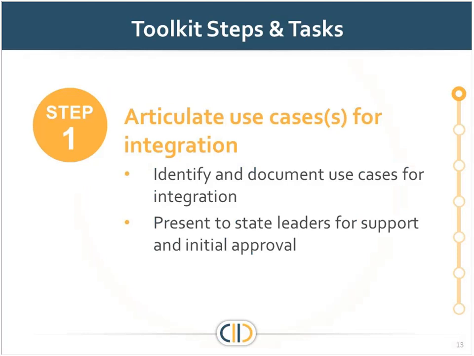You'll more specifically define the actual scope of your project as you move into future steps, but this is really about ensuring that everyone within your state has a good understanding of why, what are the outcomes that would come as a result of integrating, what are the benefits, and why are we actually integrating certain systems within the state.